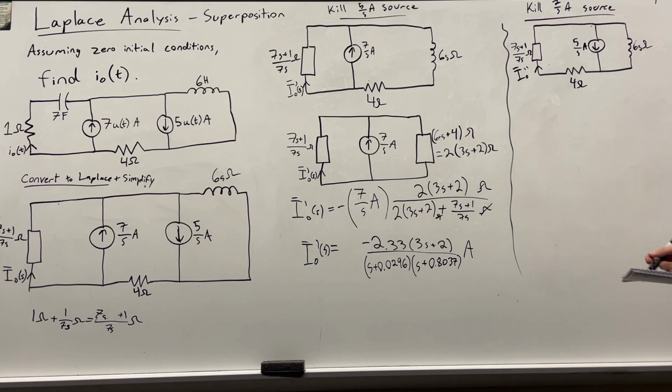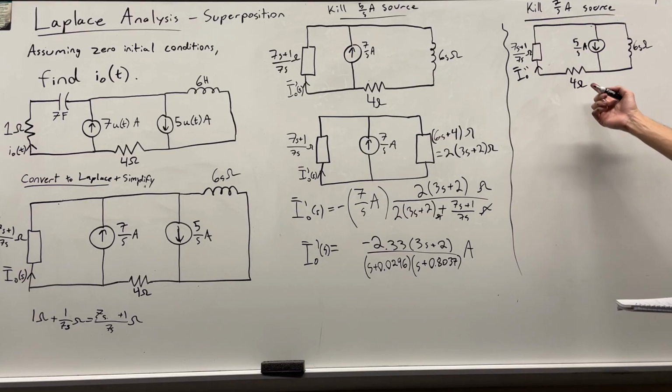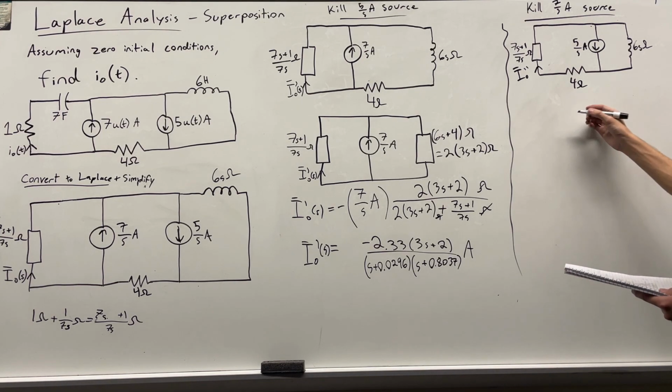And now we can do a similar thing, just combine the 4 ohm resistor with the 7S plus 1 over 7S ohm impedance, because they're in series.